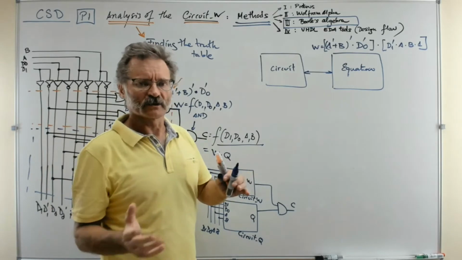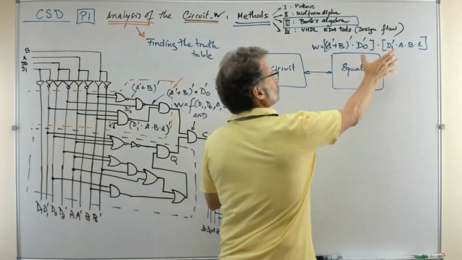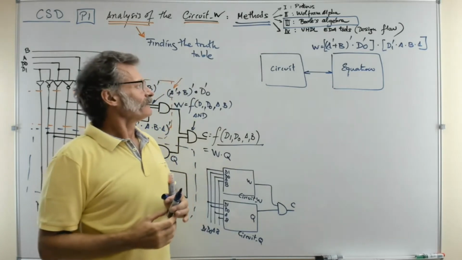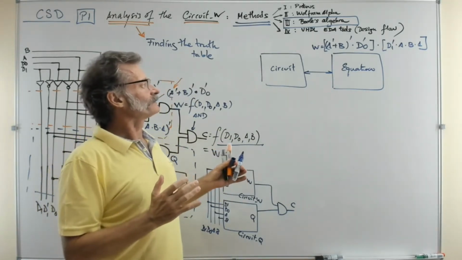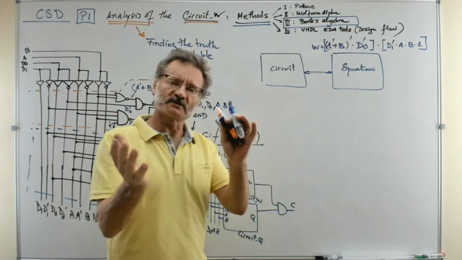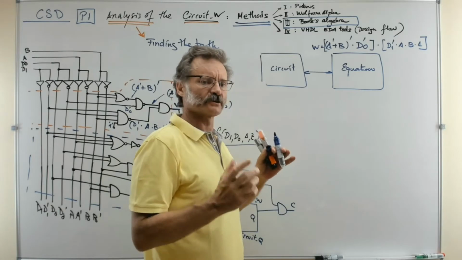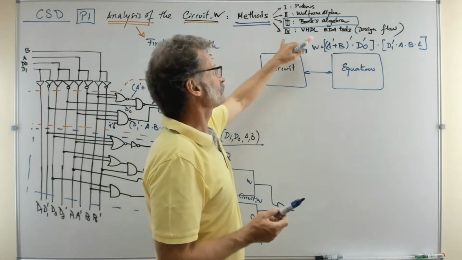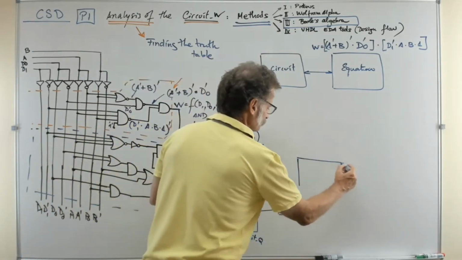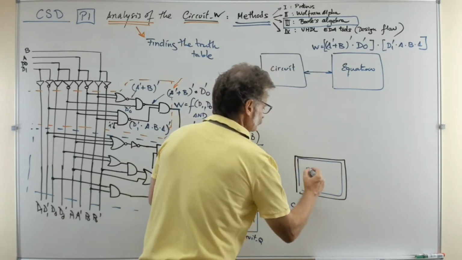You can do more or less the same using Wolfram Alpha, but this time typing this equation in the Wolfram Alpha engine and solving the circuit or the equation, and in the same way you get the truth table, rearranging perhaps the columns because the engine is going to give you the solution, but perhaps with the input variables disordered. And now this time we have something else in mind, which is going through the solution, which is down there. This is what we want. We are going to call that the truth table.